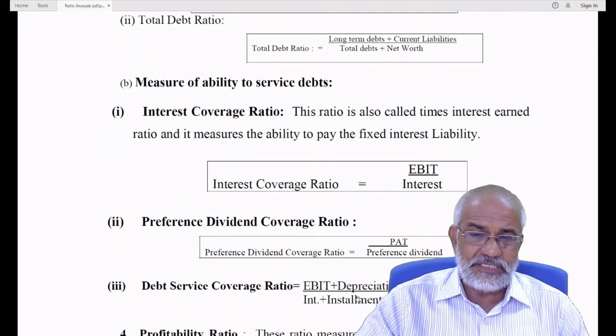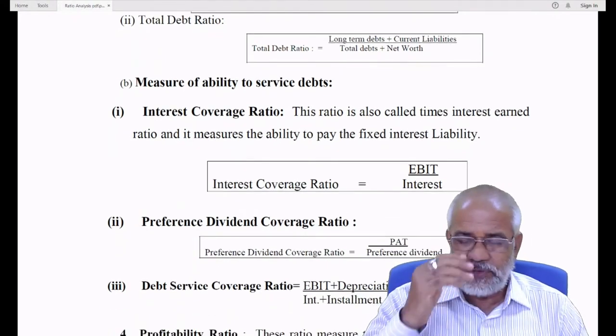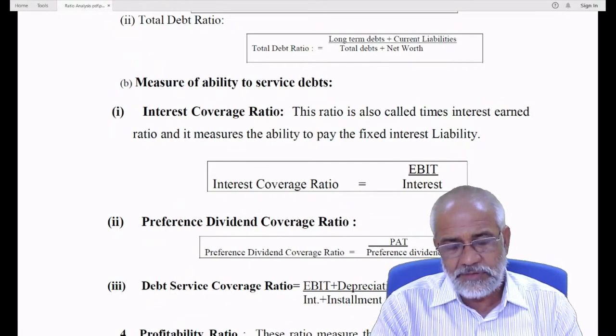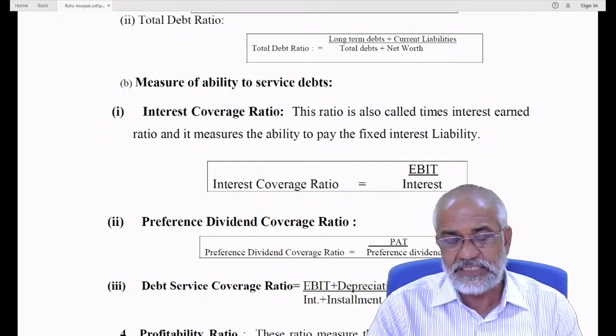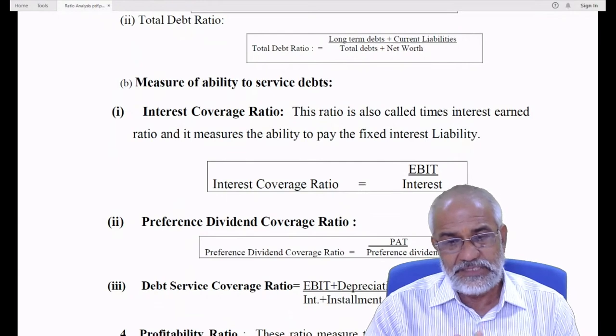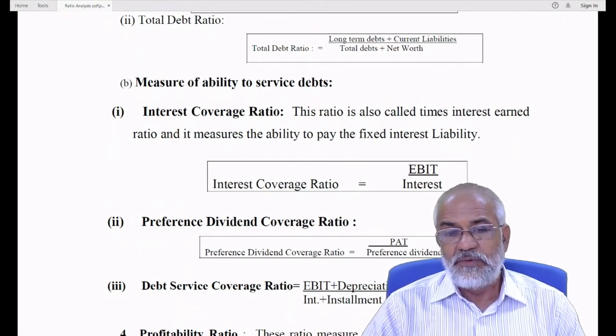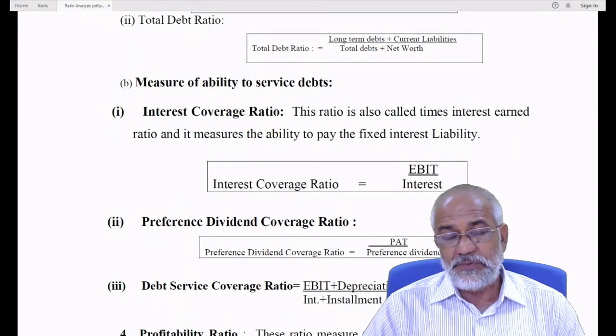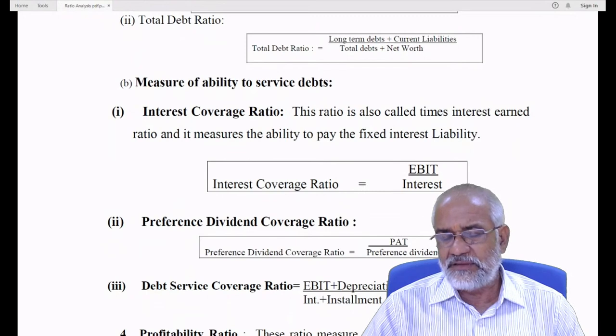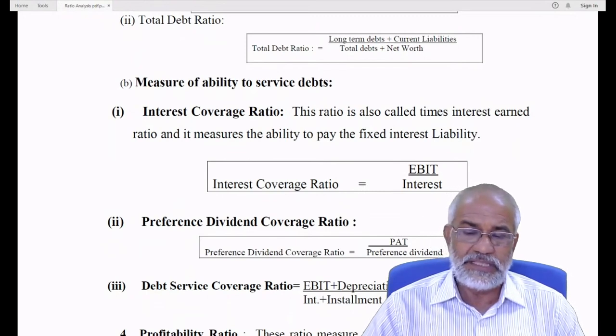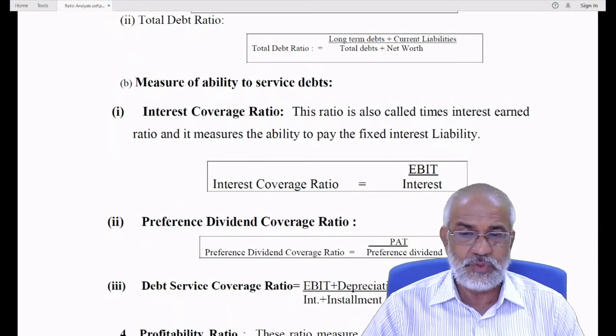Preference dividend coverage ratio is calculated because it is one type of fixed liability for the organization. In the case of preference dividend, the rate of dividend is fixed, just like interest on debentures or interest on loans from banks and financial institutions. So how do the preference shareholders ensure that the organization has sufficient profit in hand to pay their dividend on a timely basis from year to year?